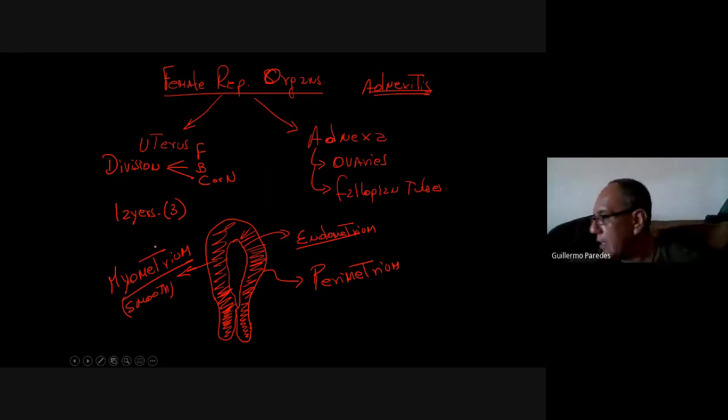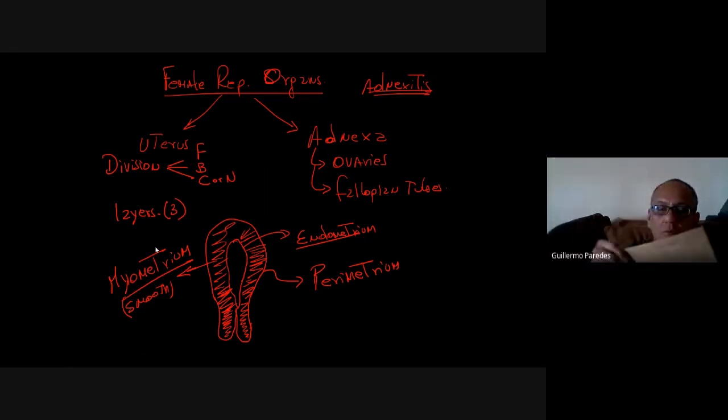Okay. So now I want you to think about this. You see the uterus, like I drew it like this, correct? This uterus is going to be a virtual space or a real space. A real space is when you have a tube and you can look through it like this.